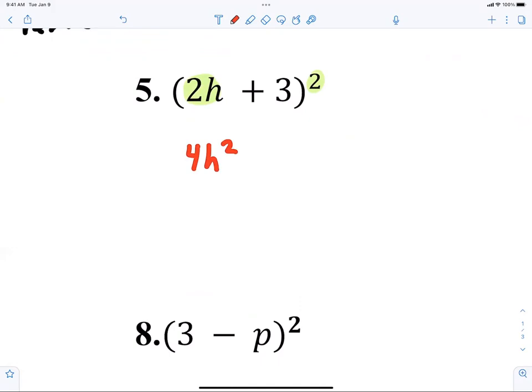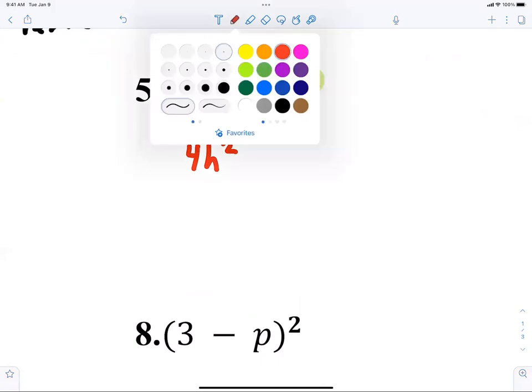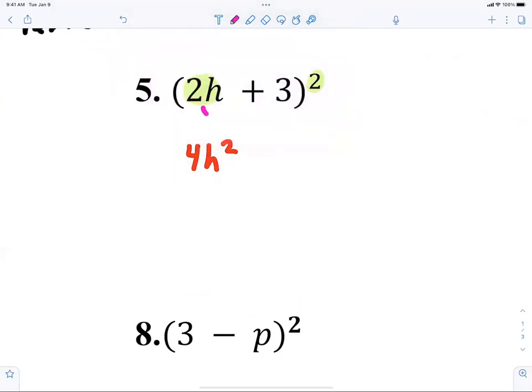Now, the middle term, please watch. The middle term is always this times this. What's that multiplied together? 6h. And then I always remember the exponent, multiply it by what? Multiply it by 2, because it always occurs twice.